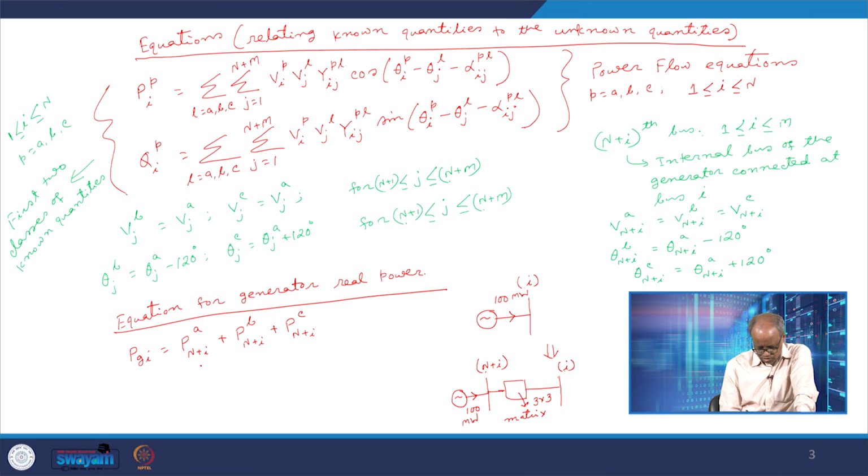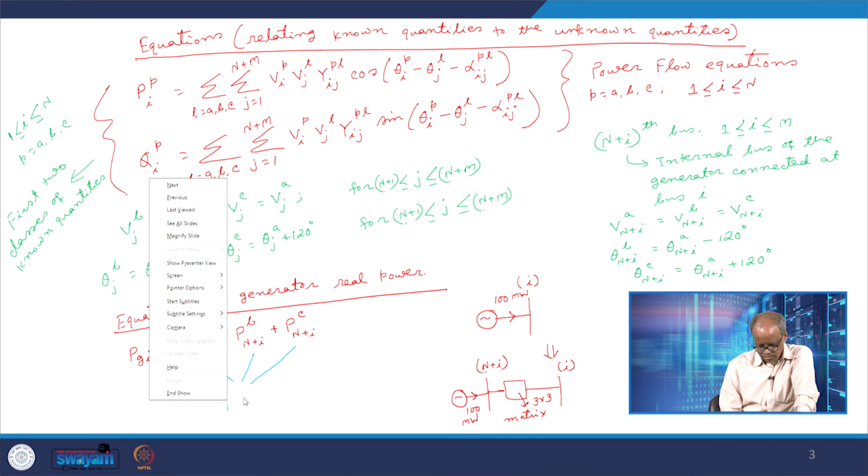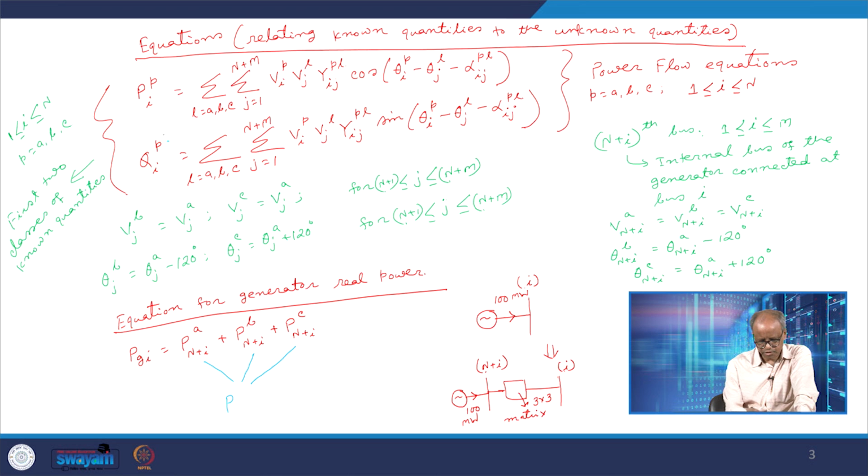So all these expressions would be calculated by the expressions of injected real power, right.